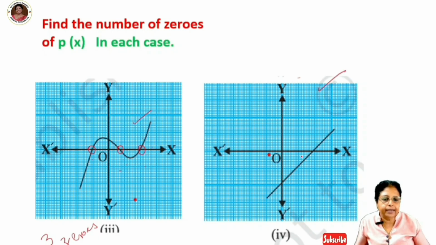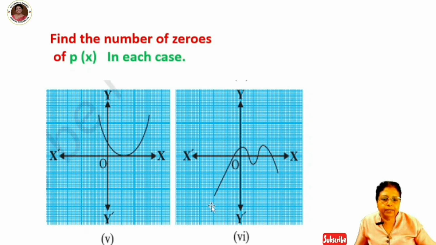See here, it is a line. It intersects the x-axis at only 1 point. That means the number of zeros is 1. Only 1 zero. Come to the next one. Here in this graph, we can see this graph intersects with the x-axis at only 1 point. That means only 1 zero in this case.